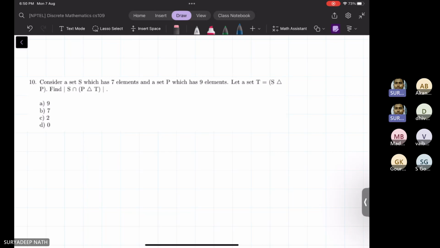In question number 10, we have a set S which has 7 elements and a set P which has 9 elements. Let set T denote the symmetric difference between S and P. So find the cardinality of the set S intersection with the symmetric difference of P and T. So I'll again draw the set diagram.